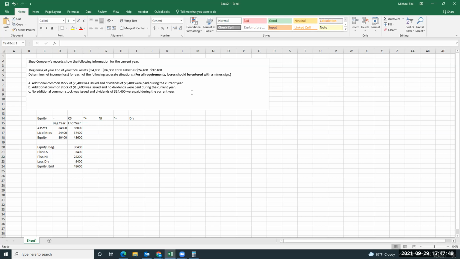Maybe it'd be helpful to see that. If I had beginning equity plus the change to common stock plus net income minus the dividend equals equity at the end, and I want to solve for net income, I reframe that algebraically: net income equals equity at the end, minus the equity at the beginning, minus common stock, plus dividend.